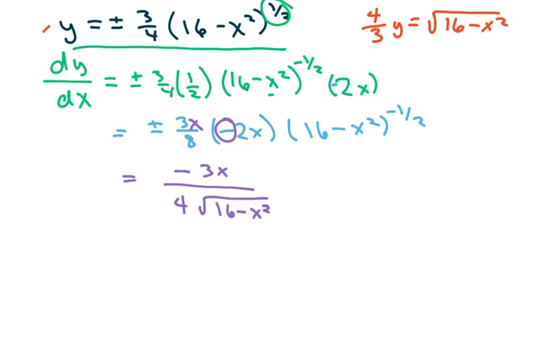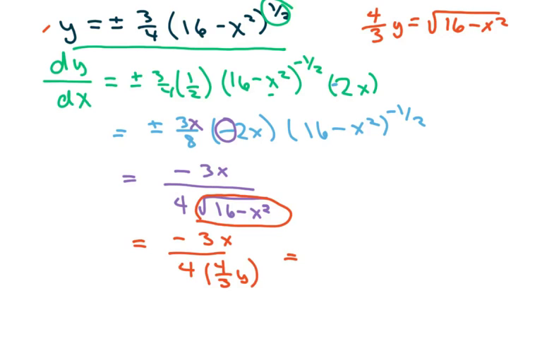Alright? So when I do that, I'm going to get negative 3x over 4, and this whole thing equals 4/3 y. Now, cleaning this up, we're going to get negative 3x over 16 over 3y, and we can merely bring this 3 up here. So my final answer is going to be negative 9x over 16.